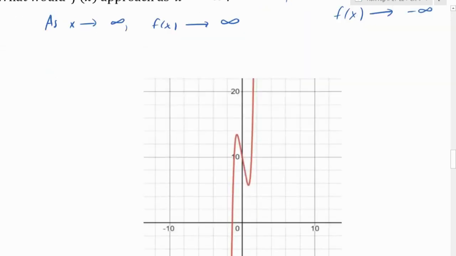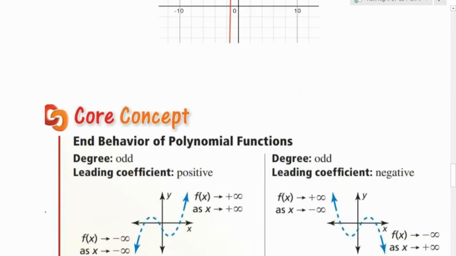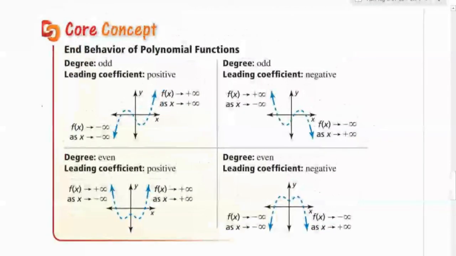And then just to let you see, on Desmos, here's what it actually looks like. When you're in here close to 0, they make a big difference, but it just starts shooting off each end. And so here's the thing from the book. It says if the degree is odd, so think about, I got x to the 7th, blah, blah, and the lead coefficient is positive.